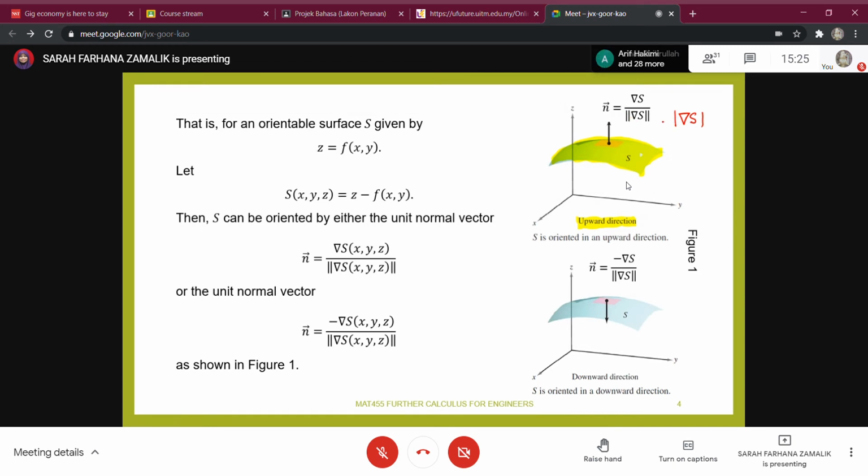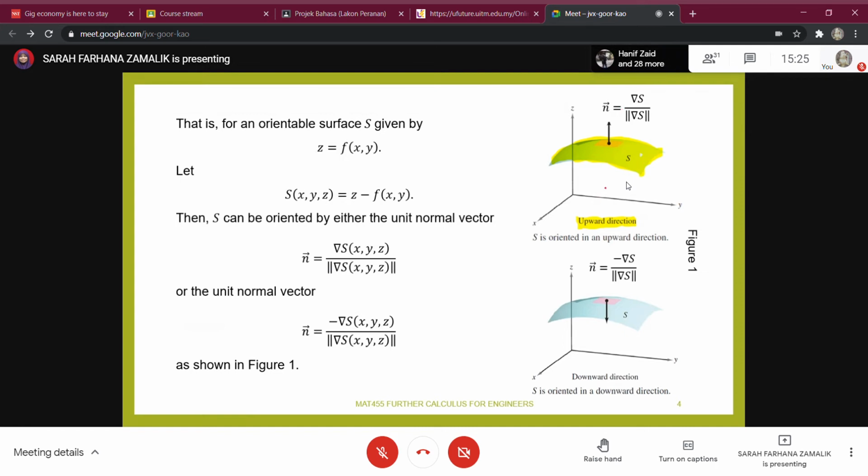So that you know this is not absolute value or modulus, but this is magnitude. Okay, it is the distance. So hence the gradient of S divided by the magnitude of the gradient of S. To find the magnitude of the gradient of S, later we will check how to calculate. So yes, that's how you know the unit normal for your surface S.